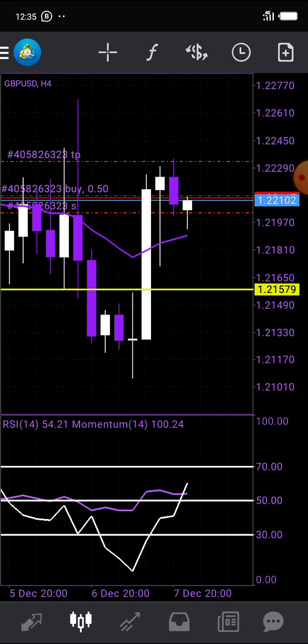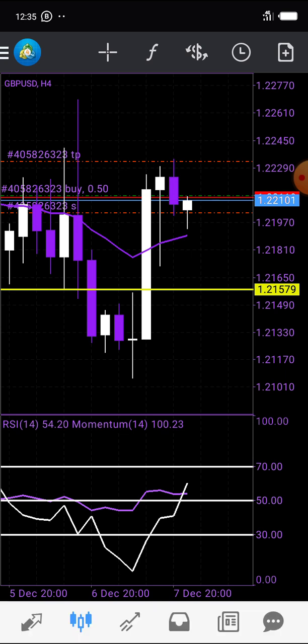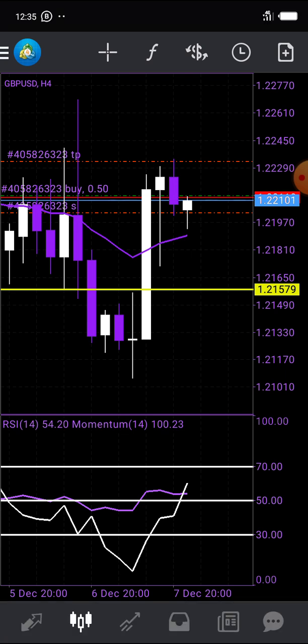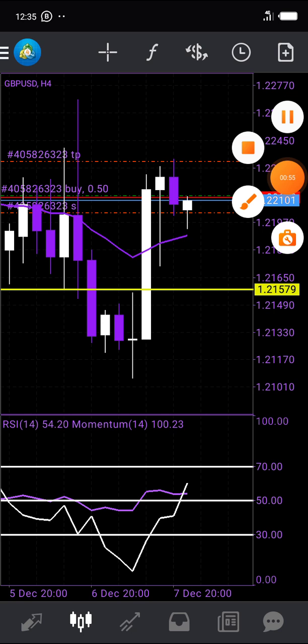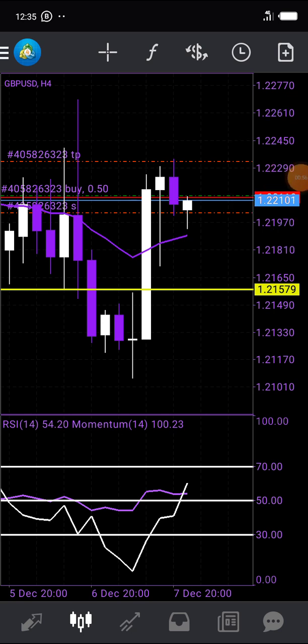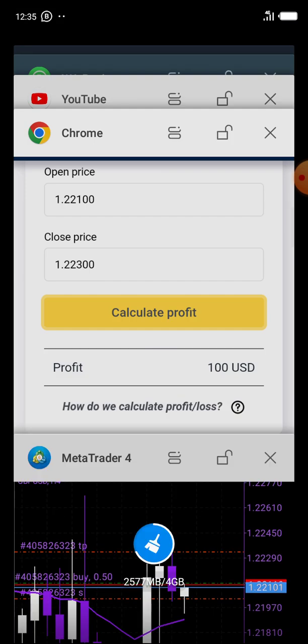You're looking for nothing less than 20 to 30 pips, whereby you'll be risking 10 pips at most, because 20 pips on a 0.50 lot is $100.